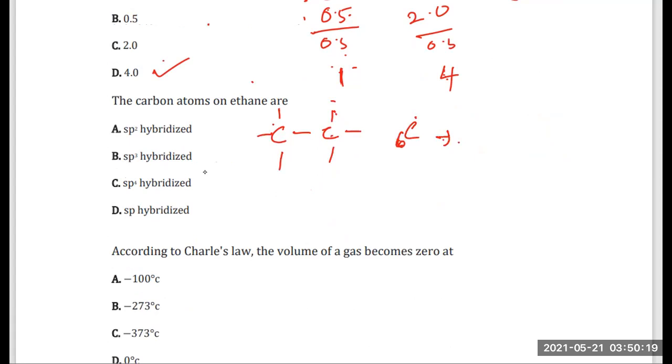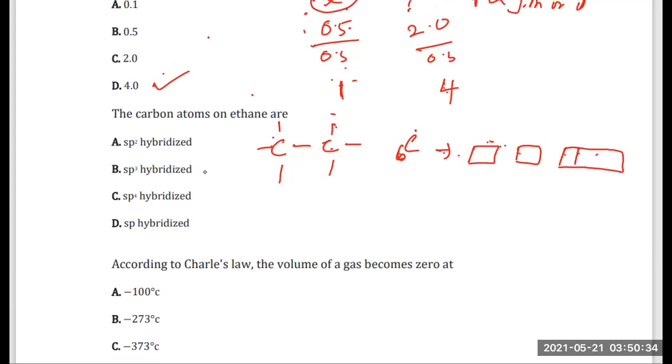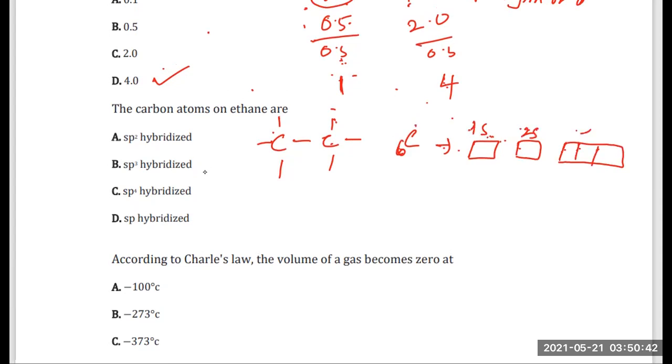The excited state of carbon gives us something like this. I'm going to use Hund's rule to solve this. So I have a 1s, a 2s, and a 2p in the excited state. So this is not a ground state configuration.